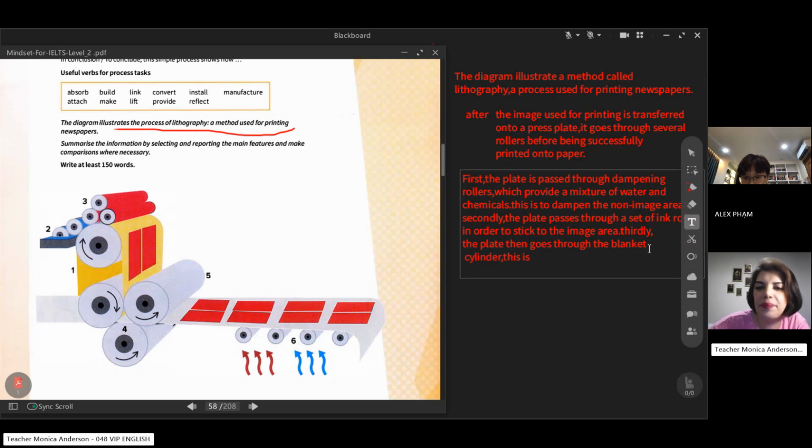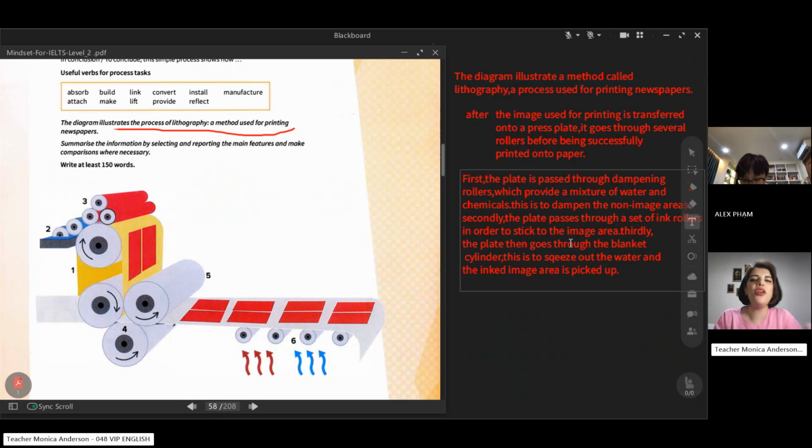As I told you, to squeeze out the water and the inked image area is picked up.